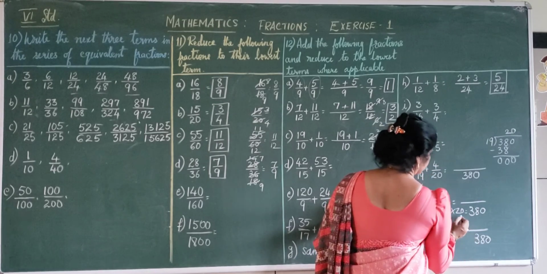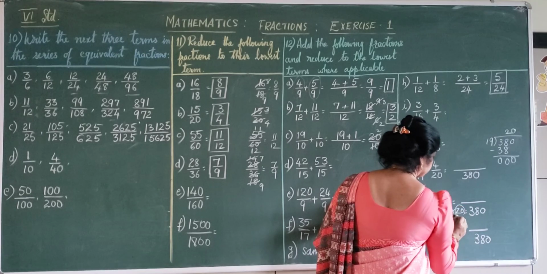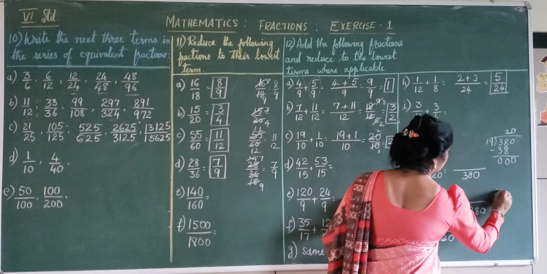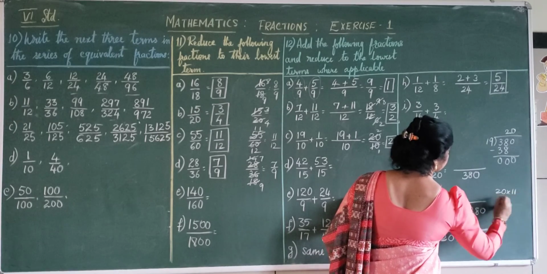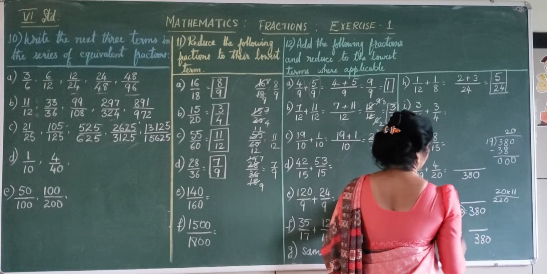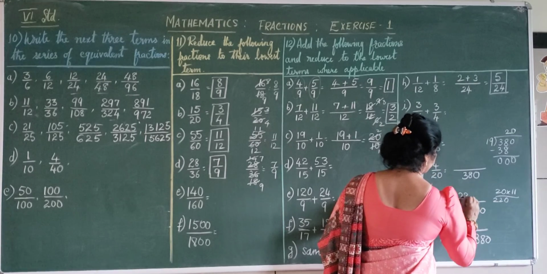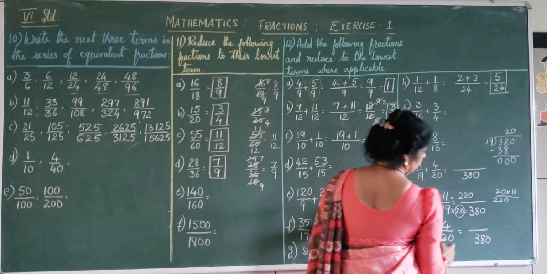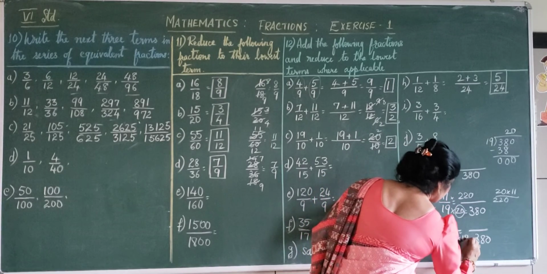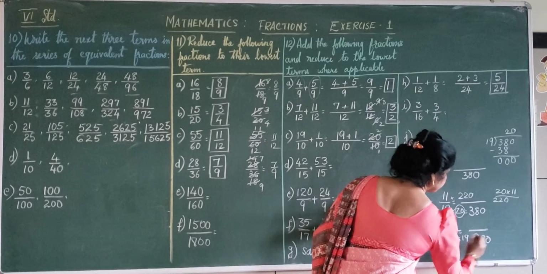So here what happens? 20 is the middle factor. 20 into the numerator 11. So 20 into 11. What is 20 into 11? 11 zeros are 0. 11 twos are 22. So the answer here is 220. Now coming to this one. 20 into 19 times is 380.